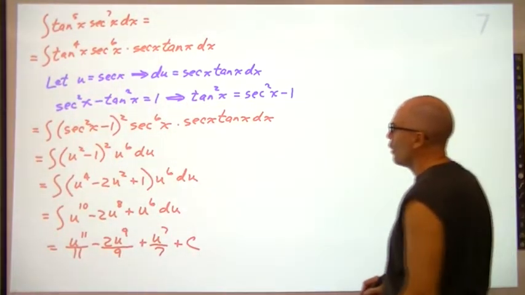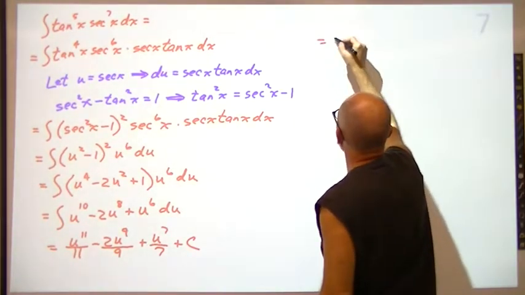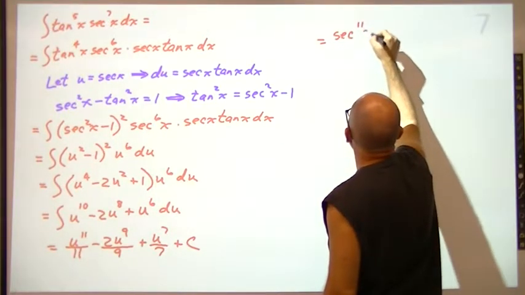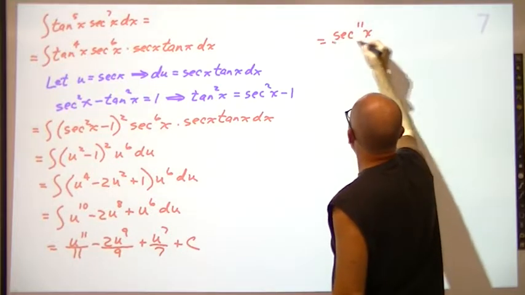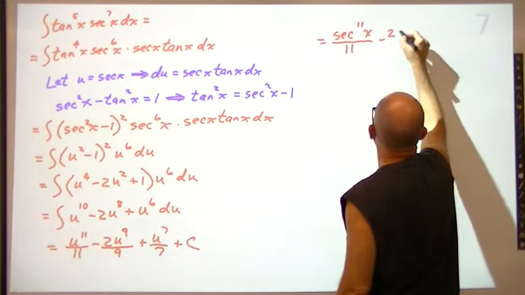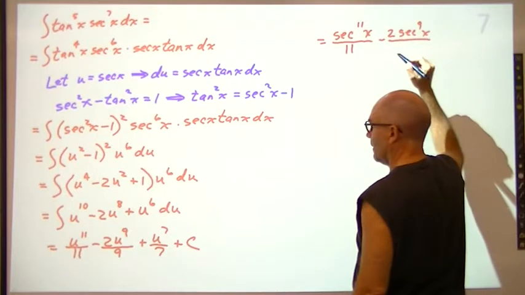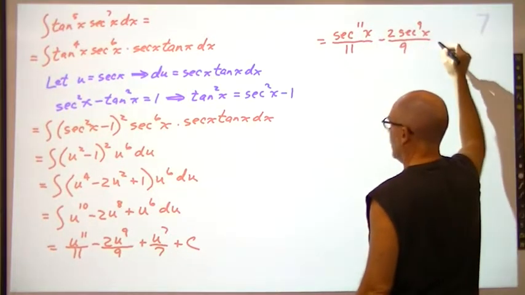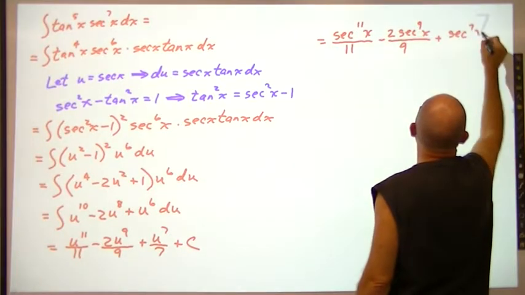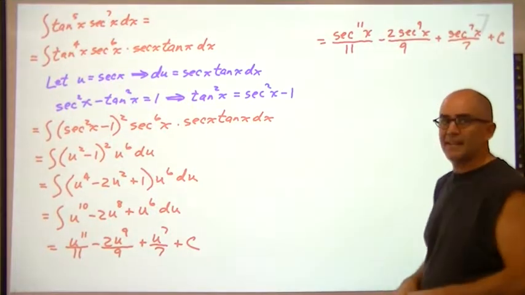Now I go and put secant x back in, so my final answer is secant x to the 11th over 11 minus 2 secant to the 9th over 9 plus secant to the 7th over 7 plus c.